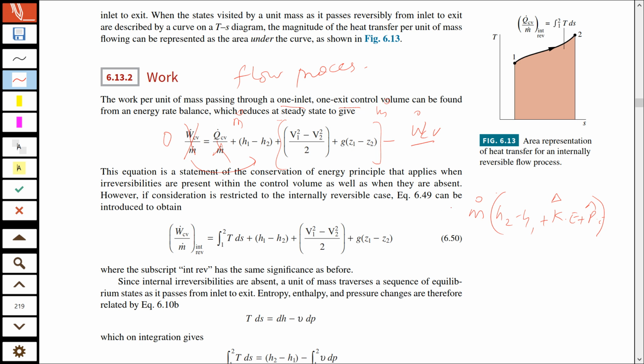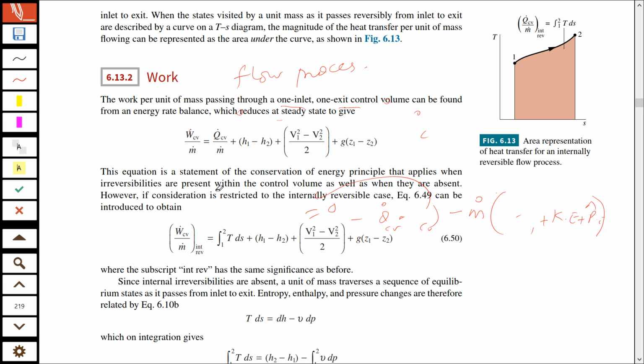So it's that same equation, and there, if you remember the energy rate balance, you had, in addition to it, q dot minus w dot, both cv, and then this was 0 because of steady state. So all we have done is to take this minus w dot to the other side and divide everything by m dot. Now you can see that this equation doesn't look very different. You just have transported the work transfer to the other side, divided everything by m dot.